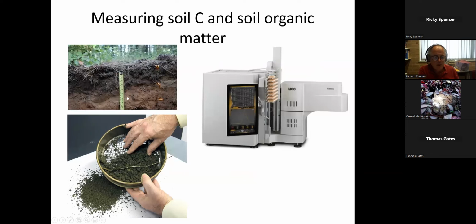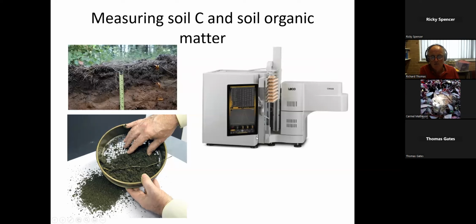However, the variability of the soil is enormous, and you can see how this person is sieving the soil before they put it through, because you've got to get a homogeneous sample. Otherwise, if you just take random samples from here, you're going to get completely variable results in your analysis.